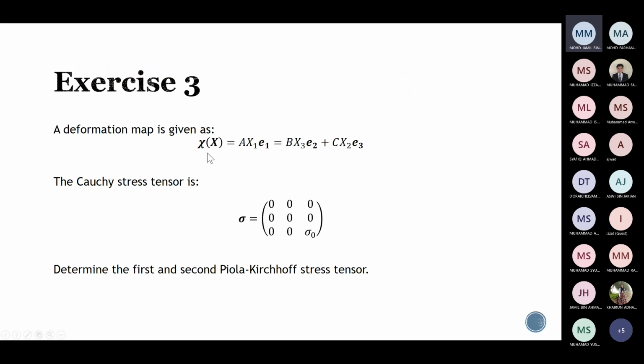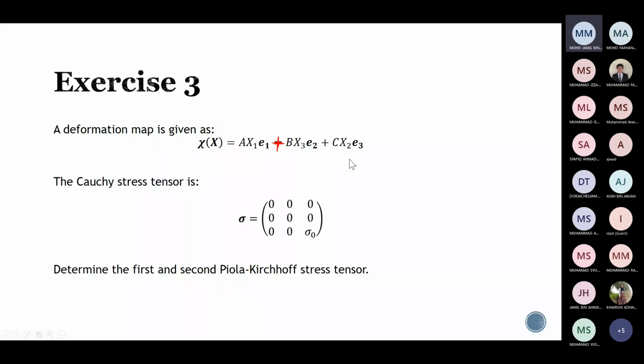Okay, so this is an exercise for you. Here in this question, you are not given the deformation gradient, but instead you are given the deformation map. So from here you need to determine the deformation gradient. Be careful, you might make a small mistake here, this one is actually plus.